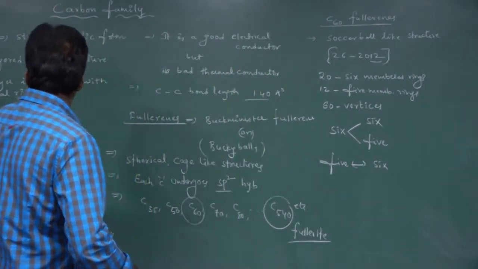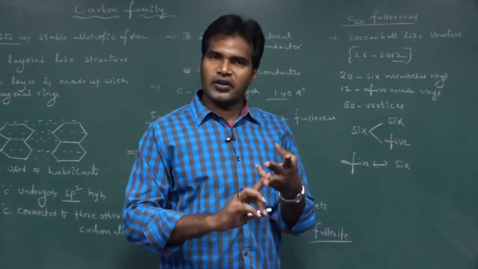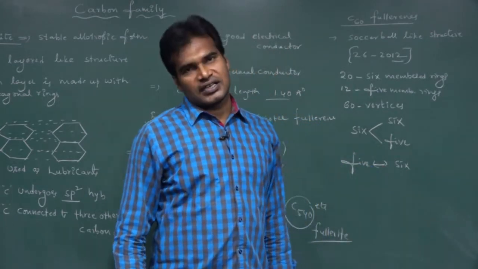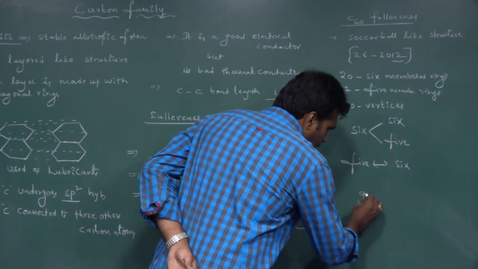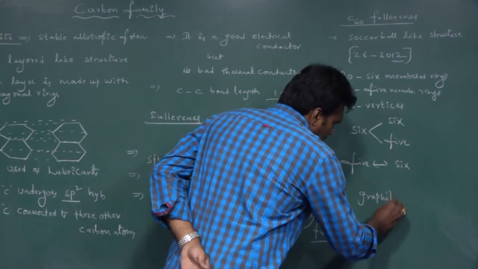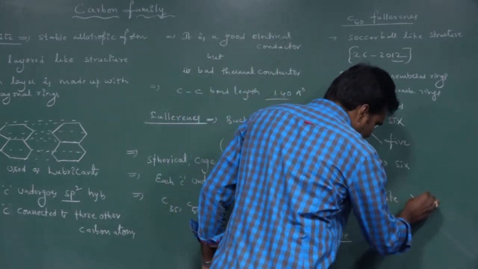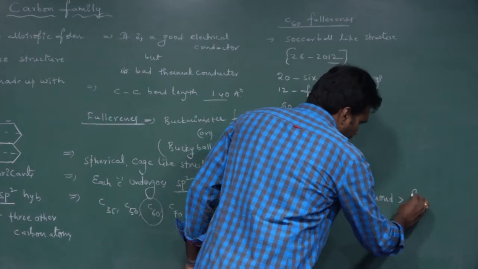So the allotropic forms we already discussed are diamond, graphite and fullerenes. Suppose they ask you the order of thermal stability of the crystalline allotropic forms. The order of stability, as I already told you, graphite is the most stable allotropic form. So graphite greater than diamond greater than fullerenes.